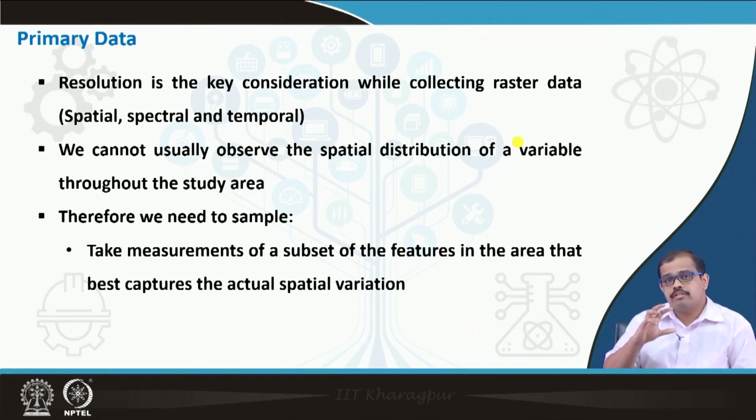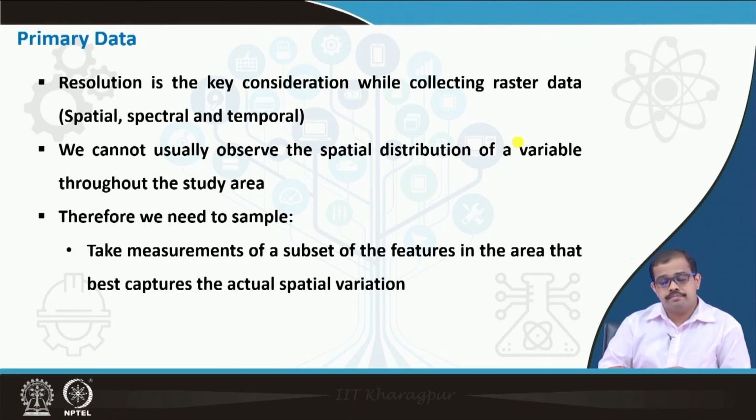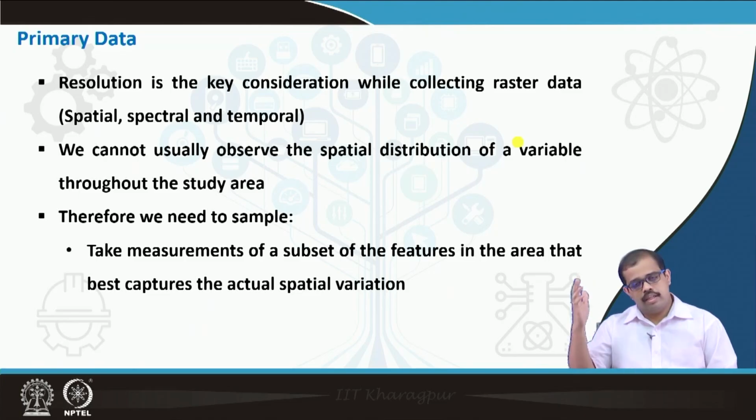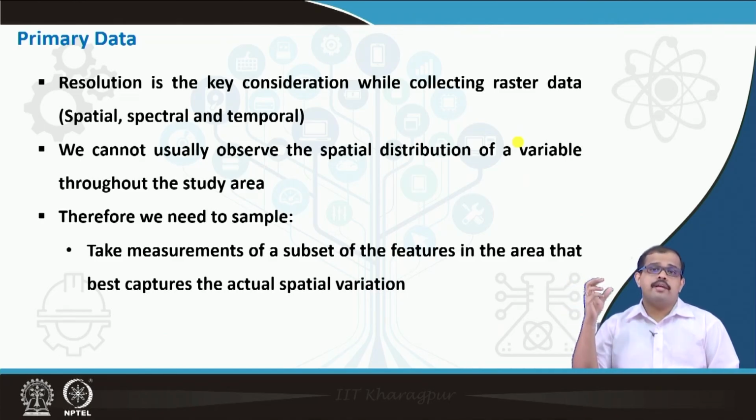So if you have data which is 30 meter by 30 meter, and you say that I will sample at maybe 1000 meters or 2000 meters once, or let us say it is 10 kilometer by 10 kilometer, one sample I do and another sample at 10 kilometers, maybe 2-3 samples, and I will finish the survey, you may not be able to capture the entire variation in the data set.